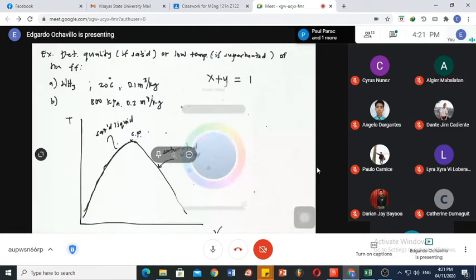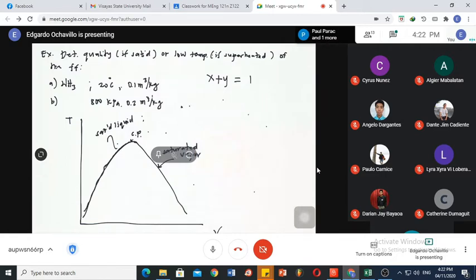So if there is a given quality or a given moisture, its sum is equal to 1, or 100%. Along this line, saturated liquid, this is pure moisture.